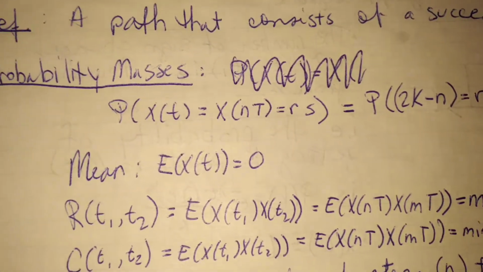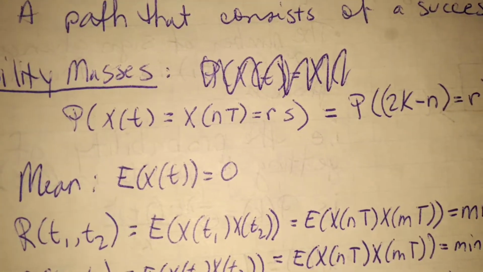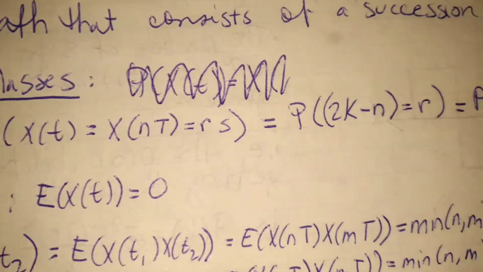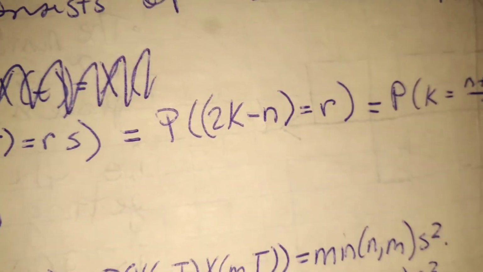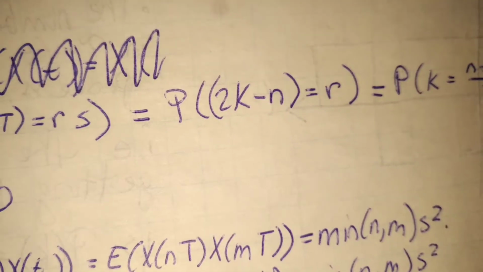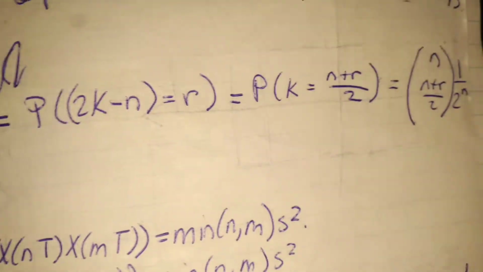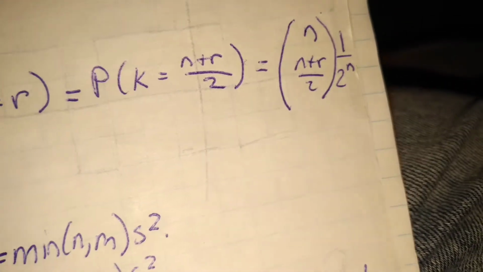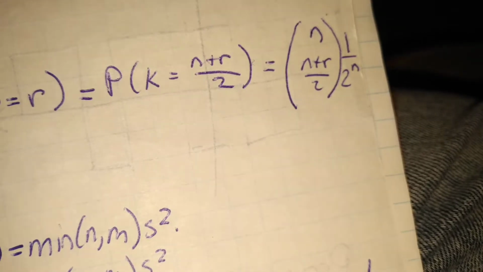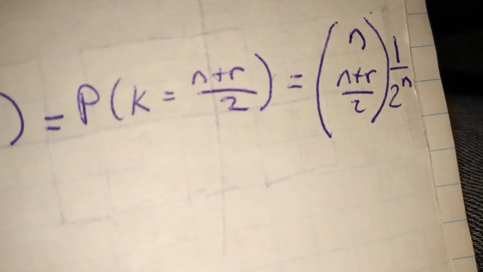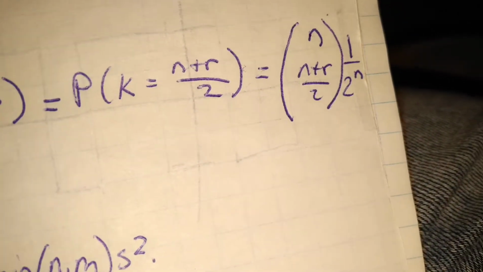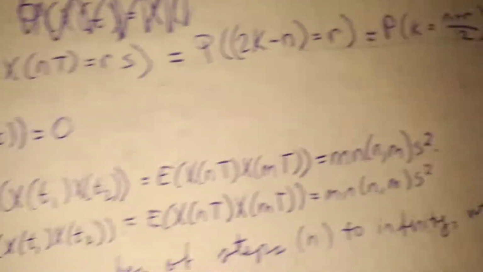So we have the probability of X_n(t) = rs, which is equal to the probability of 2k - n equaling r, which is equal to the probability of k being equal to (n + r)/2, which is equal to the binomial coefficient n choose (n + r)/2, multiplied by 1 over 2 to the power of n.